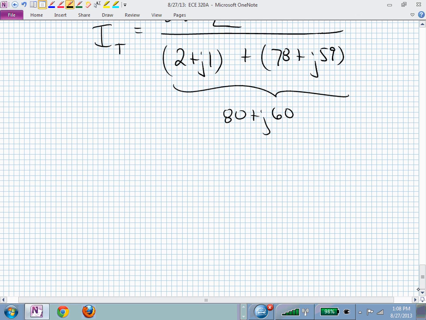Meaning we now know the total impedance, you could think of, in terms of, let's just say this is values of 20. We're going 80 to the right and 60 up. That's now our picture in polar form of our impedance.